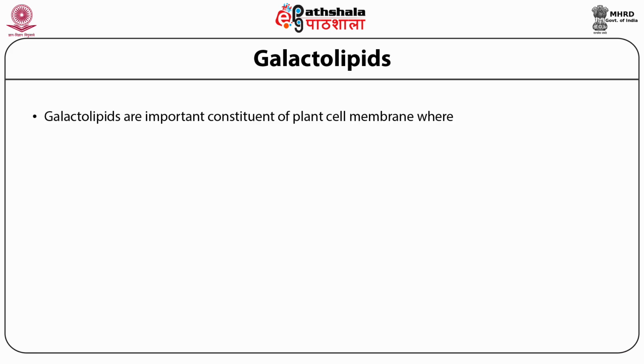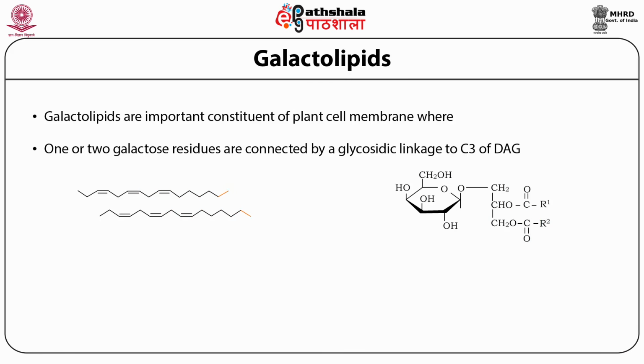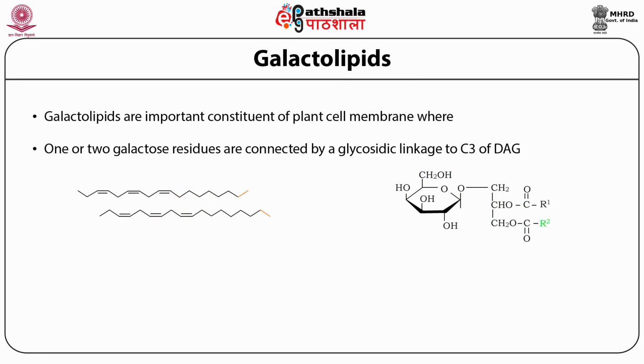Galactolipids structurally consist of one or two galactose residues that are connected by a glycosidic linkage to C3 of a diacylglycerol molecule. As shown in this structure, you can see that carbon 1 and 2 are occupied by fatty acids, while carbon 3 is attached to a single galactose residue.